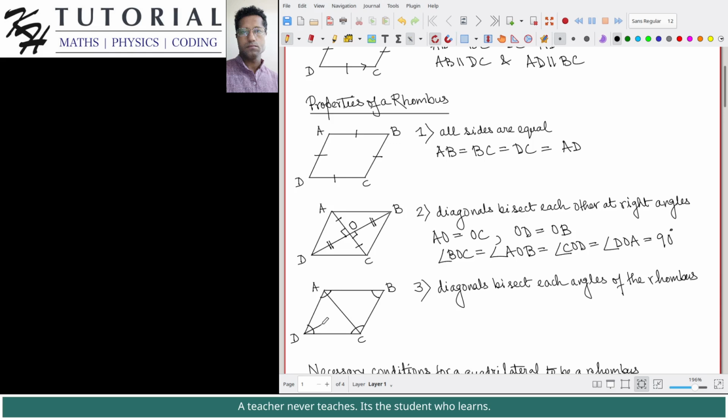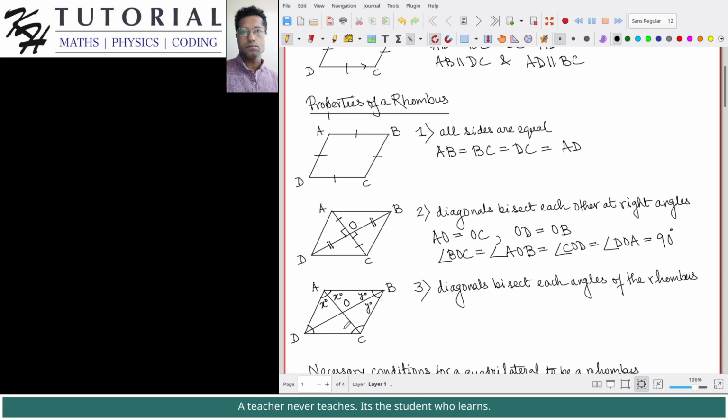Similarly, when I am drawing the diagonal BD, this will bisect the angle B as well as the angle D. So what is happening is that, let's say the diagonals are intersecting at the point O. If the angle BAO is x degree, then this will also be x degree, and if this angle is y degree, we don't know what x and y are, but this will also be y degree.